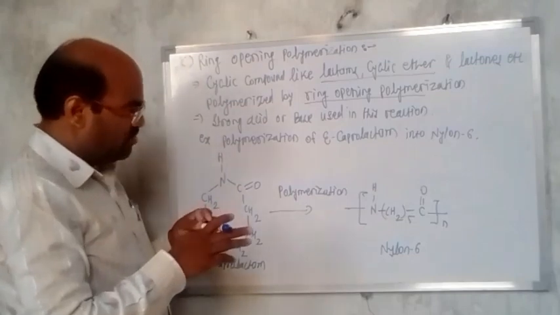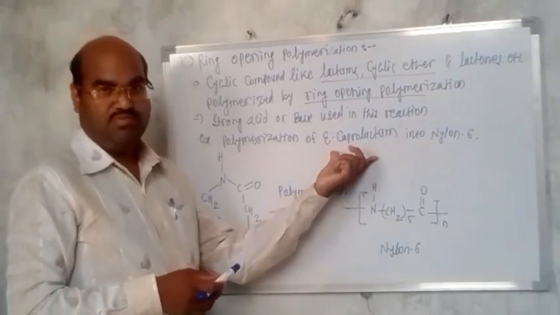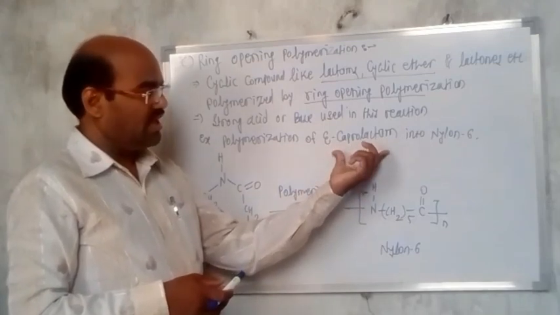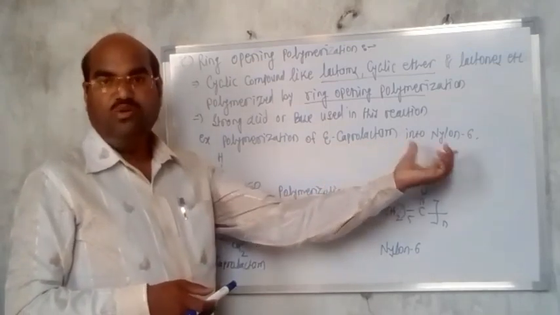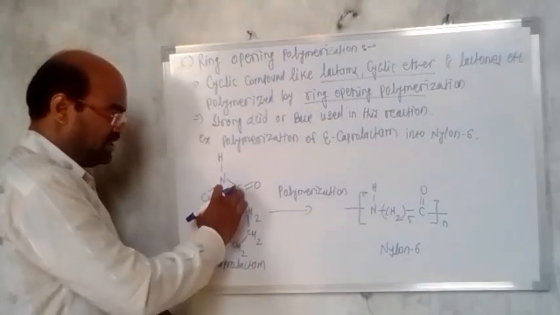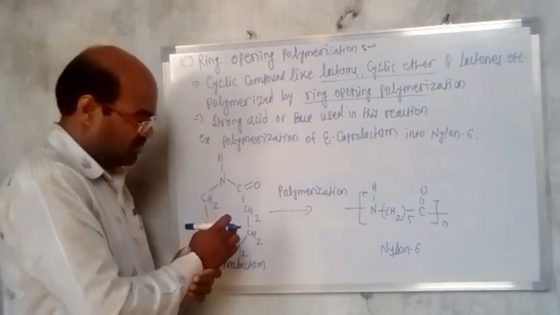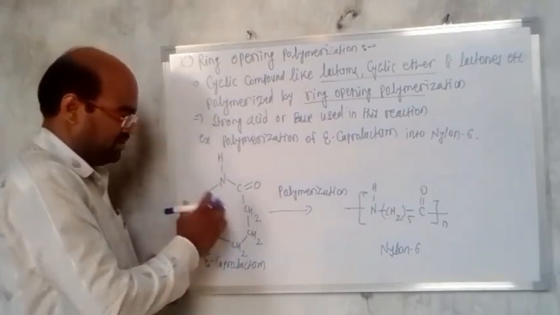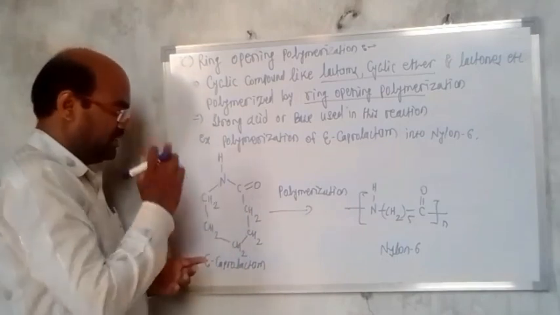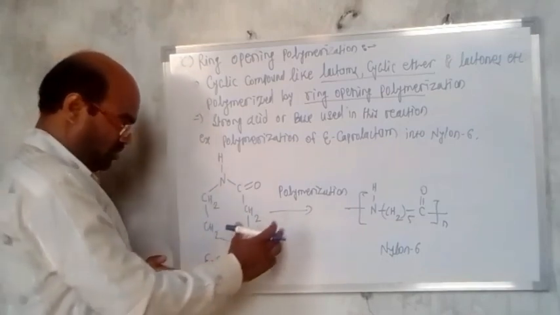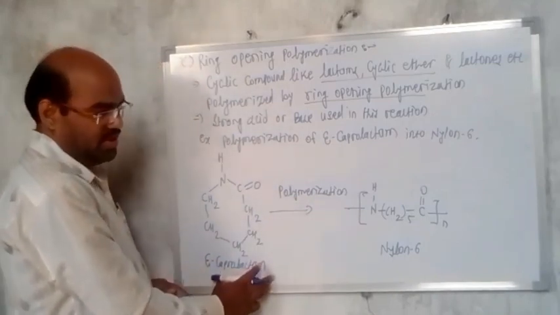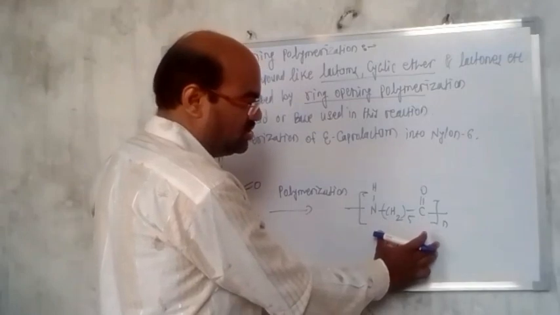For example, polymerization of ε-caprolactam. This is a cyclic lactam, which is converted into nylon 6. Here ε-caprolactam has a 7-atom cyclic ring, in which 6 are carbon and 1 is nitrogen. After polymerization, ε-caprolactam is converted into nylon 6.